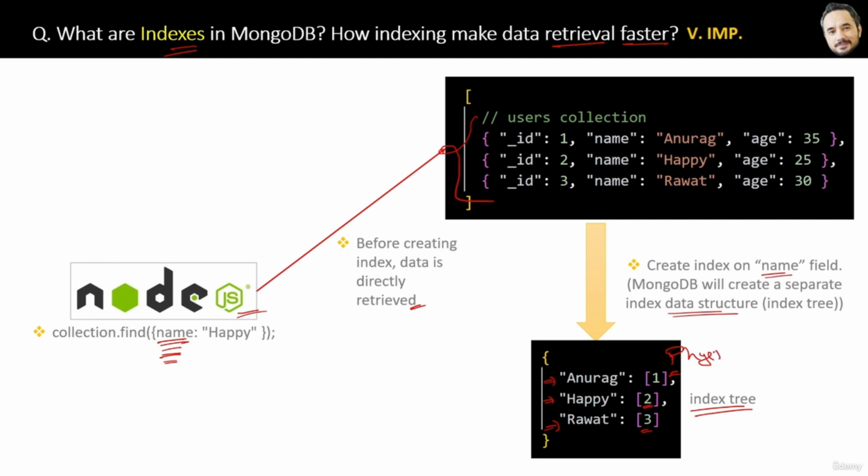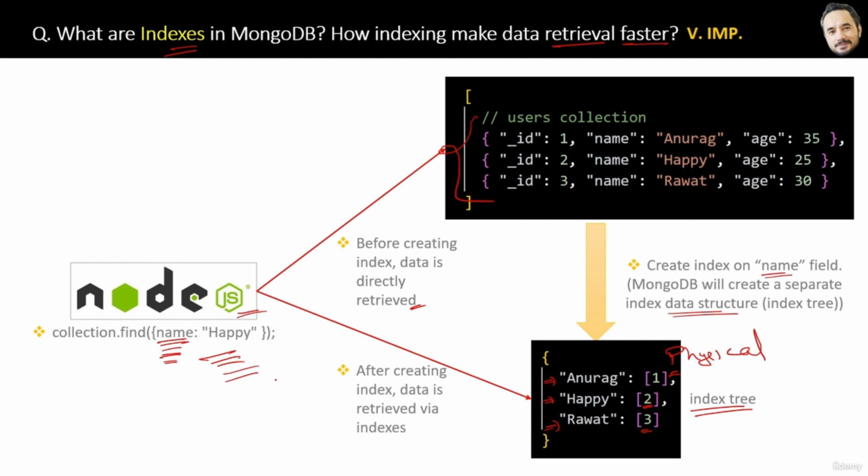So after creating the index, when the Node application searches for the data, first the query will hit this index, because the filter is on the name field, which is indexed. So this index tree will be searched first, and as you can see, this data is sorted in ascending order.